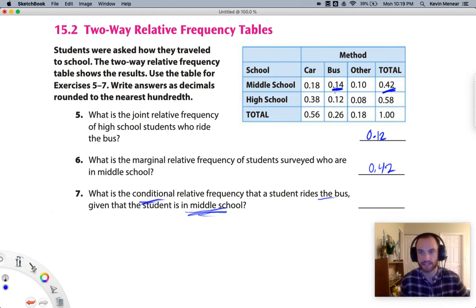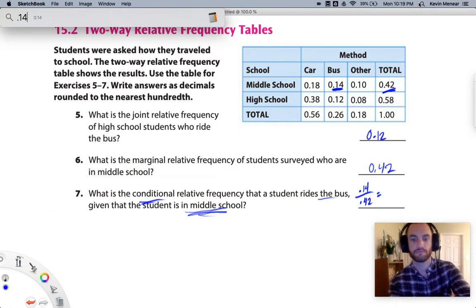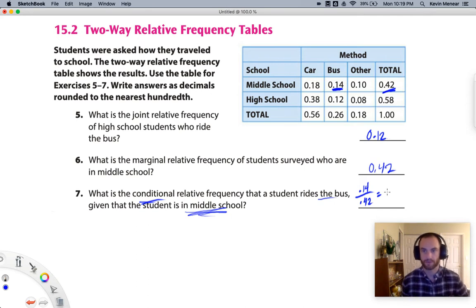So I just take this number 0.14 and divide it by 0.42. So 0.14 divided by 0.42 is 33.3%, or 0.33 repeating. I could just say 0.3 repeating would be the correct way to do it, or 33.3 repeating percent.